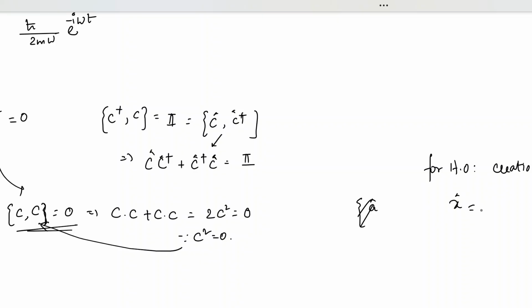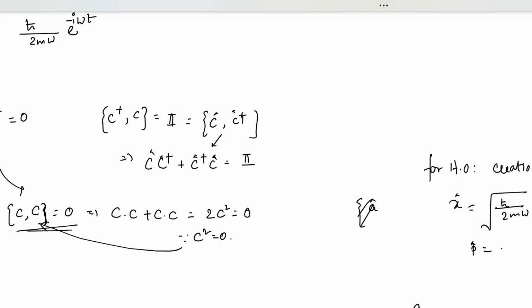There you will know this form, which I used in the question above: x cap equal to root over h cut by 2m omega times a dagger plus a. Similarly you can write p cap in some form of a and a dagger.